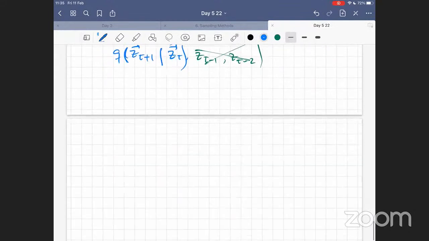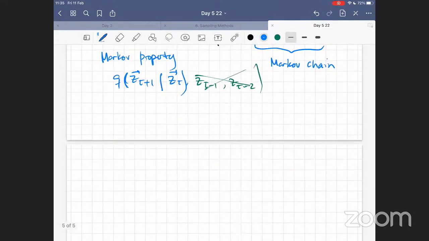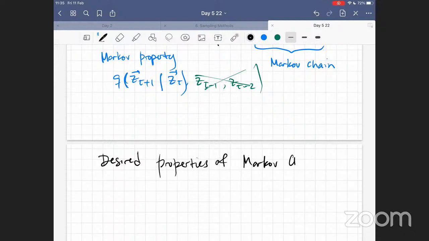Okay. So let me talk a bit about desired properties of a Markov chain. Well, the property that you want actually is that it should converge to the desired distribution, of course.